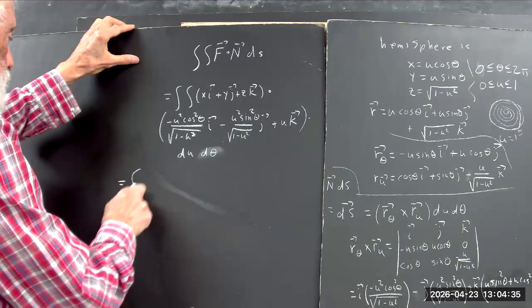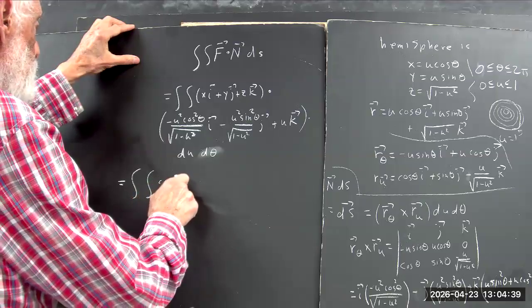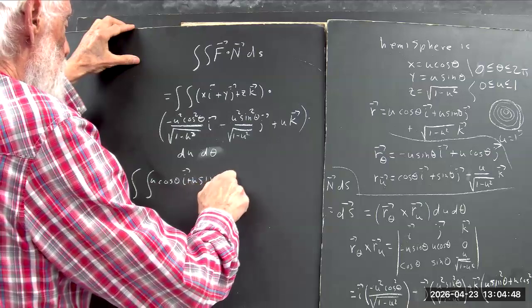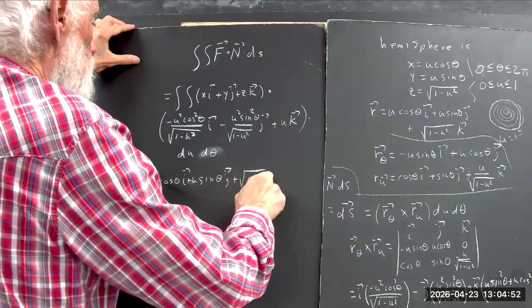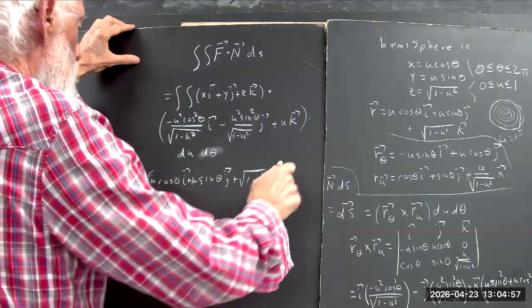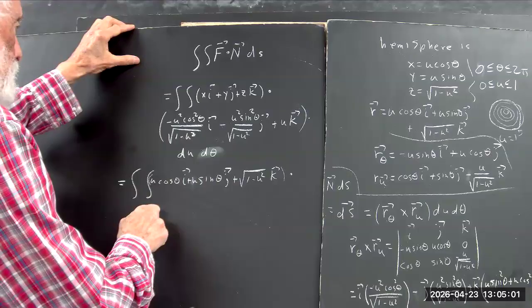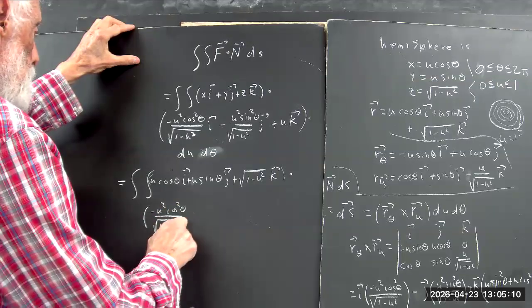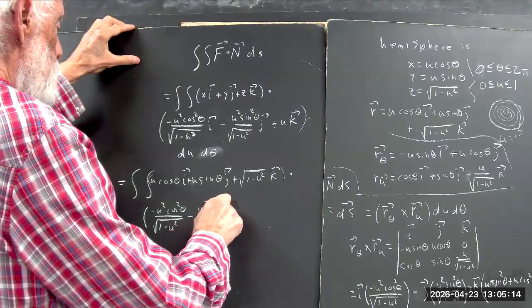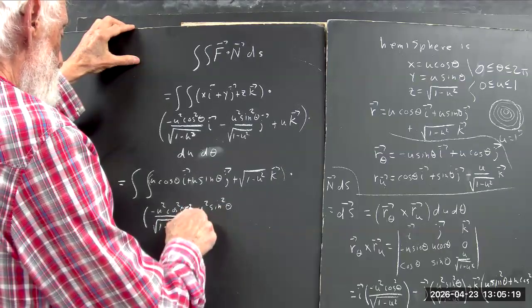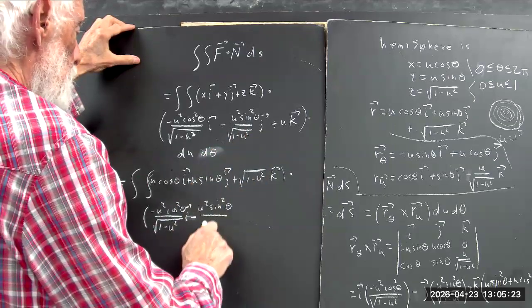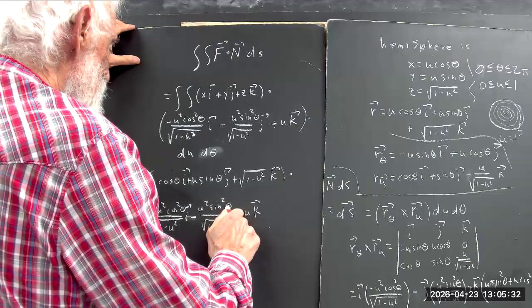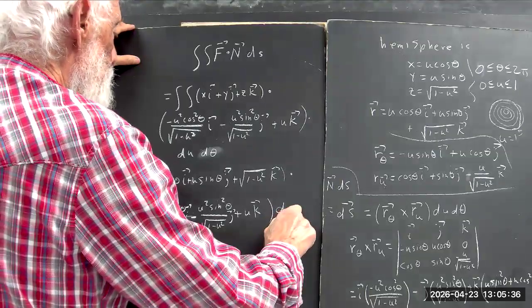So let's write out what we get. We get a double integral of u cosine theta i, plus u sine theta j, plus the square root of 1 minus u squared k, dotted with negative u squared cosine squared theta over the square root of 1 minus u squared i, then minus u squared sine squared theta over the square root of 1 minus u squared j, plus uk, du d theta.